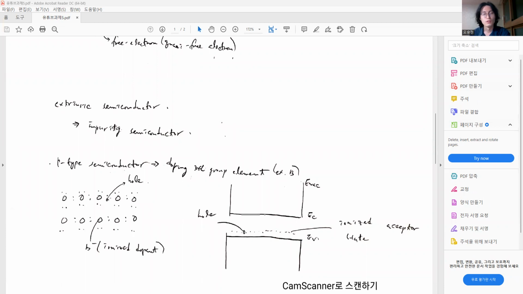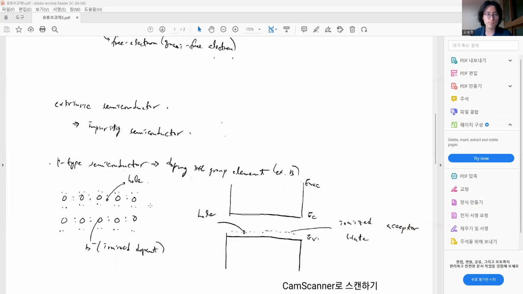The boron is ionized because the boron takes one more electron, so it becomes negatively ionized, and in the silicon the hole is generated.